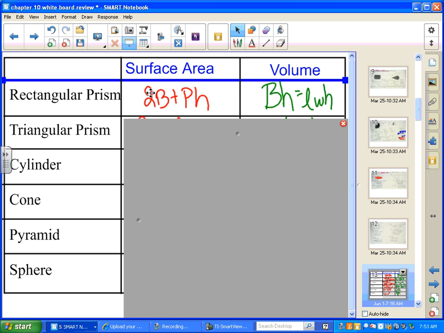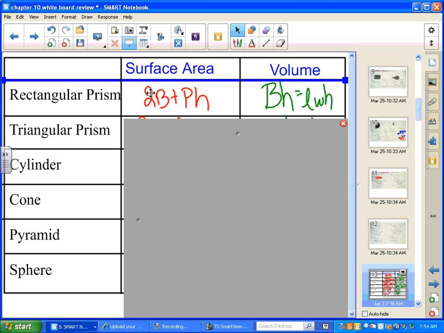Triangular prism. Write down what you think the surface area and volume formula is of the triangular prism. Okay, if I do that, I'm kind of writing the dimensions. Yeah, that's great. I like that. Okay, Adam, what's the surface area formula for a triangular prism? Good. Emma M, what's the volume formula?